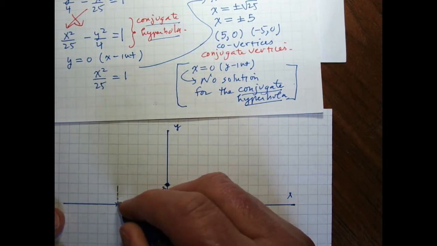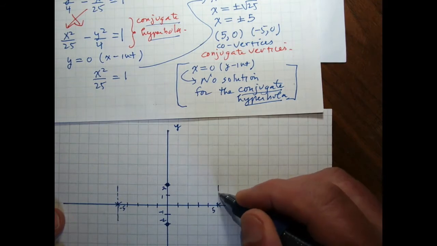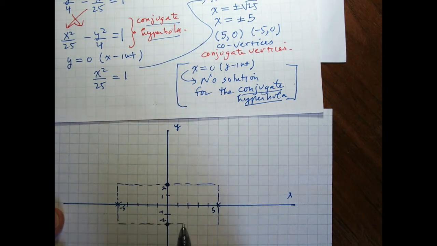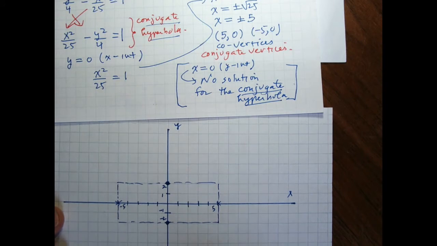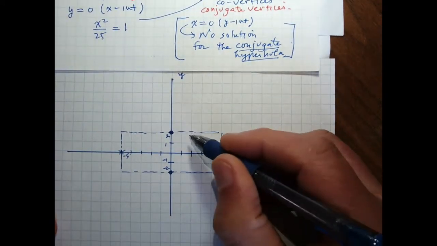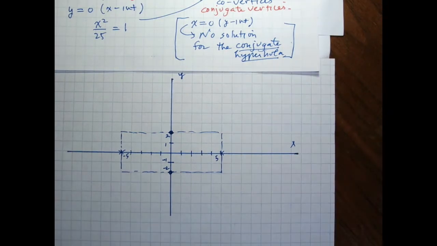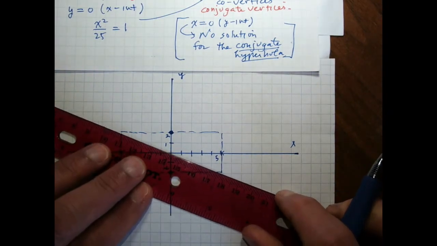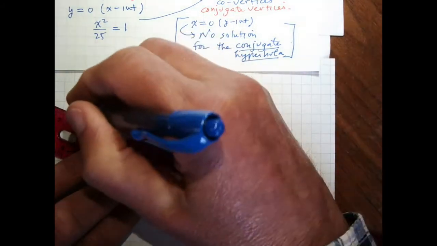Now, here they're on the x-axis, right? While my regular vertices are on the y. And drawing these horizontal lines and vertical lines through the vertices and conjugate vertices gives me my central rectangle. And the central rectangle is what I can use to draw the asymptotes from corner to corner.